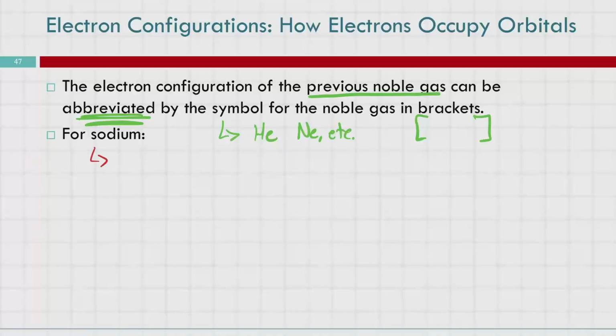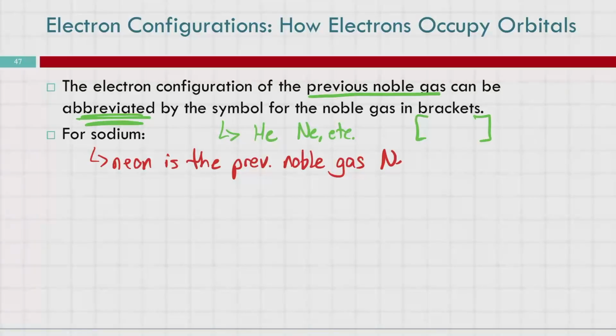So for sodium, neon is the previous noble gas. That's going to be the symbol Ne. So the way that we use our shortcut, sodium has 11 electrons. Our shortcut for the electron configuration is going to be Ne in brackets.